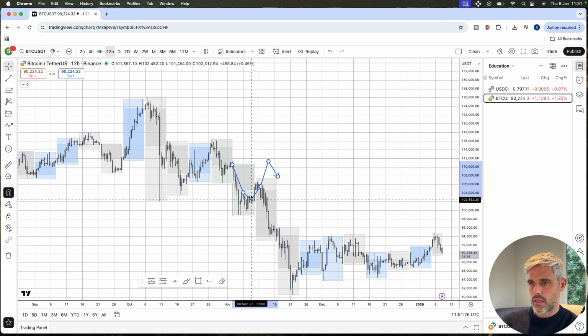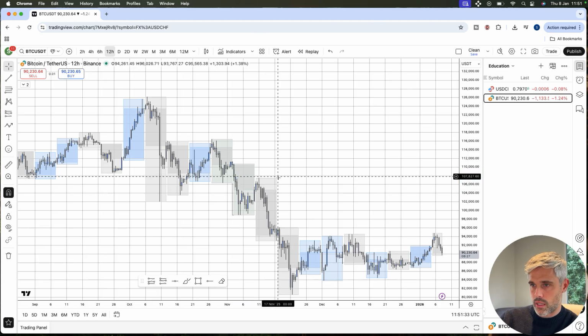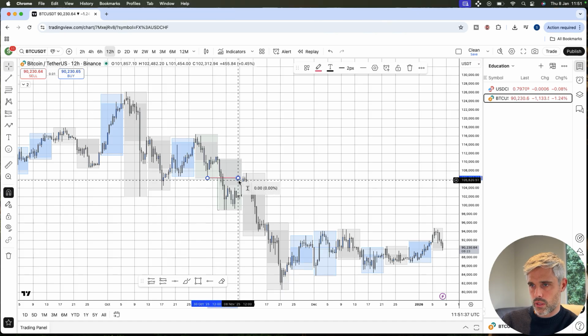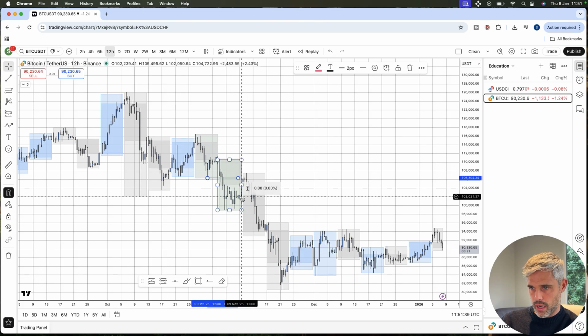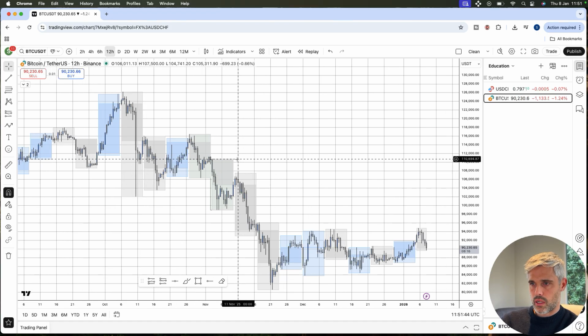Instead, what it did is came up and then it started to trade lower. I'm going to make that more explicit for you by showing you this is the low and this is exactly where that candle closed. So we have a bearish candle.